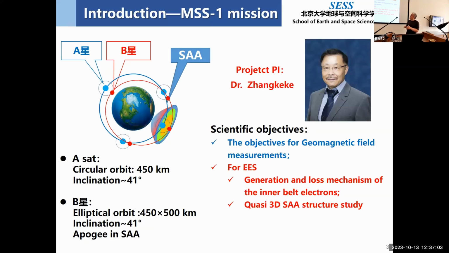But in the future, the A satellite will change to a circular orbit at 450 kilometers. So maybe we'll have a 3D measurement in the SAA.